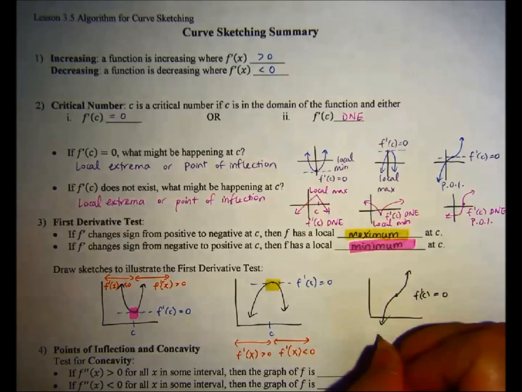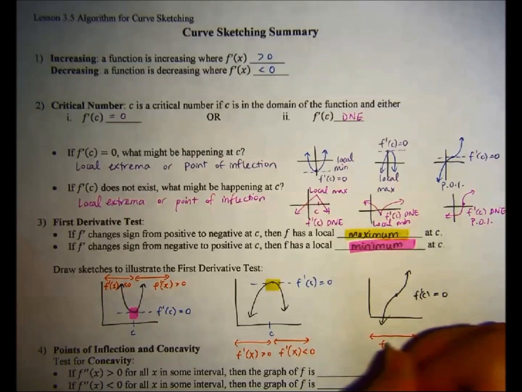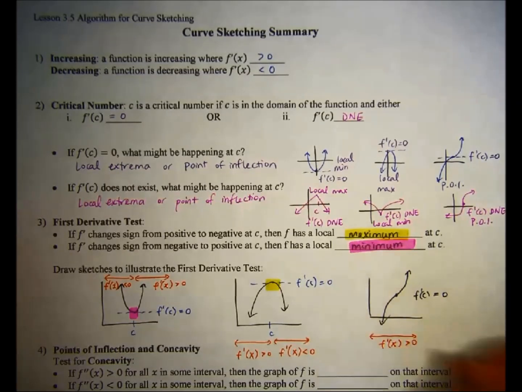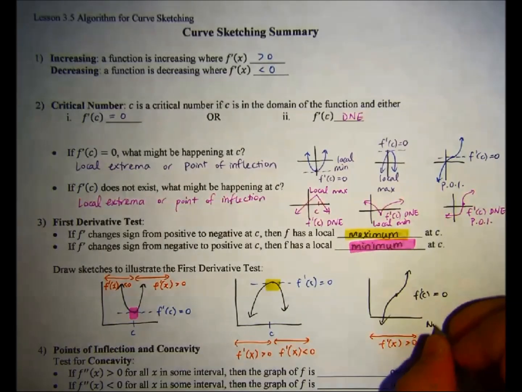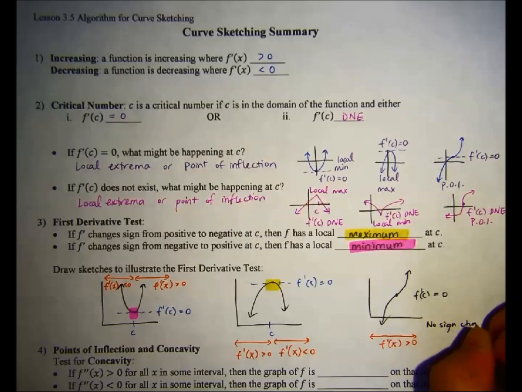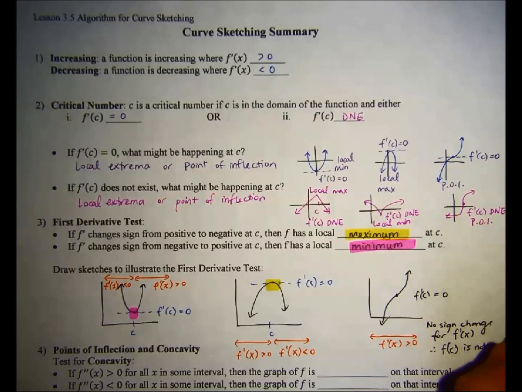So in this entire interval, f prime is always positive. It doesn't change sign, so that means that f of c is not a local max or min.